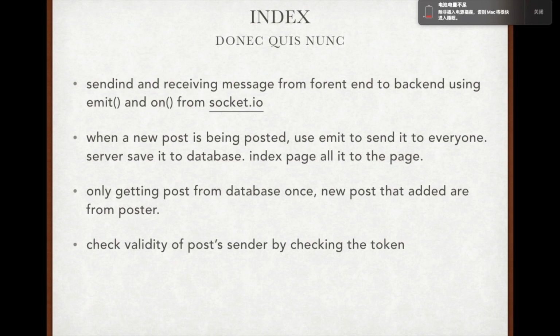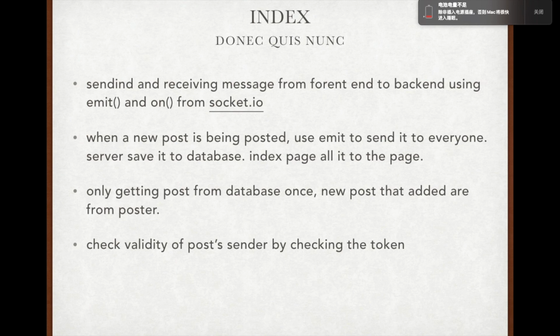And then if someone sends a new post, they will use io.emit to send it to every other user, including the server, so that the new users can directly get that message and show it to other users. And whenever the server gets this image, this moment, the server can save it and store it in the moment table, so that it's available for the next users to see.